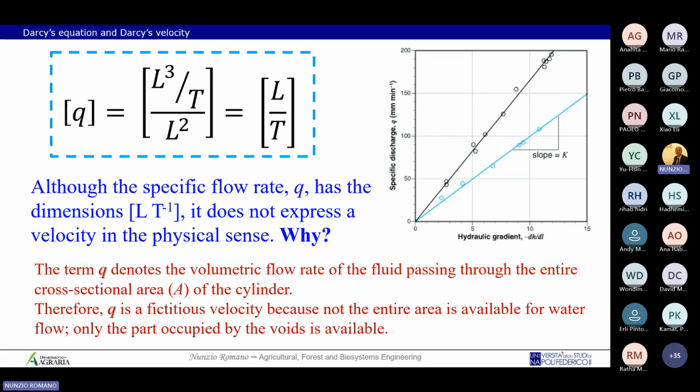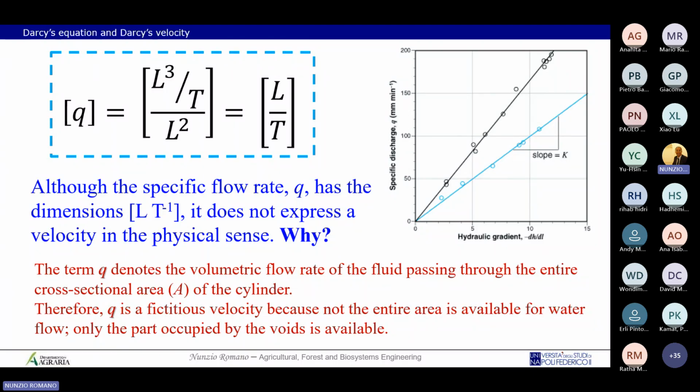So the water cannot flow like a tube, like the pipeline that transfer water in your home, but only part of this cross-section area can be passed through by water.